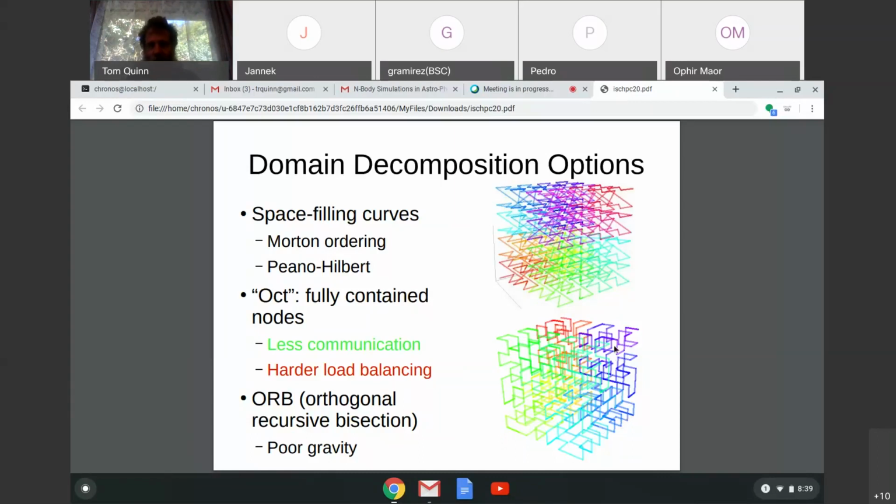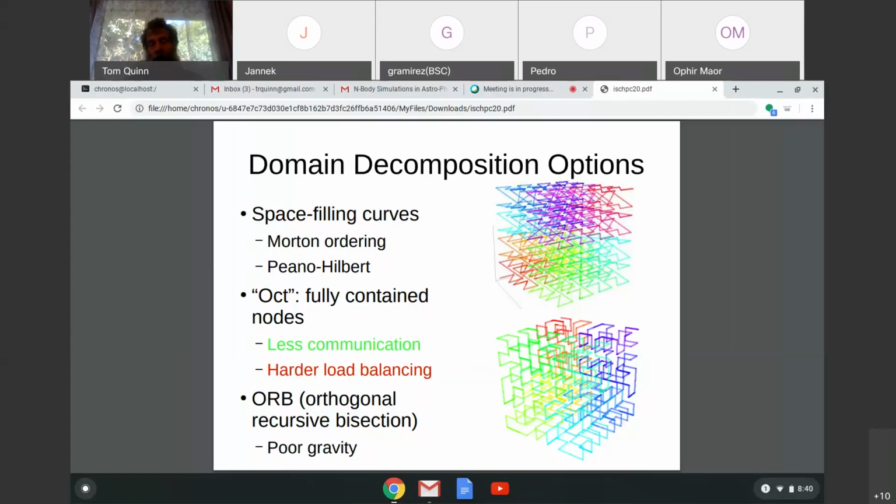Notice that there are no diagonal traversals when you do this. You're always going to an adjacent region. And so this is the default method that ChaNGa uses, and many other codes use this kind of ordering to do the domain decomposition. Again, you just have to make appropriate cuts along this space filling curve.